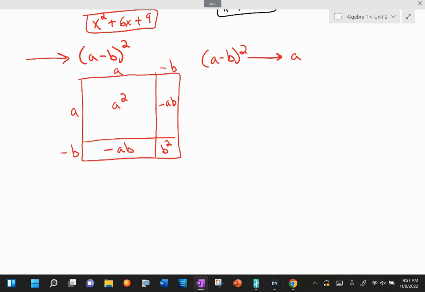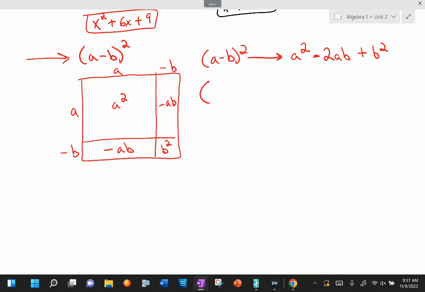So, it's a really good quadrilateral. Okay, so the pattern ends up the same. The only thing that's different is the first sign that you see. Okay, so the first sign that you see is going to be a negative. So the pattern will go to a squared minus 2ab plus b squared.